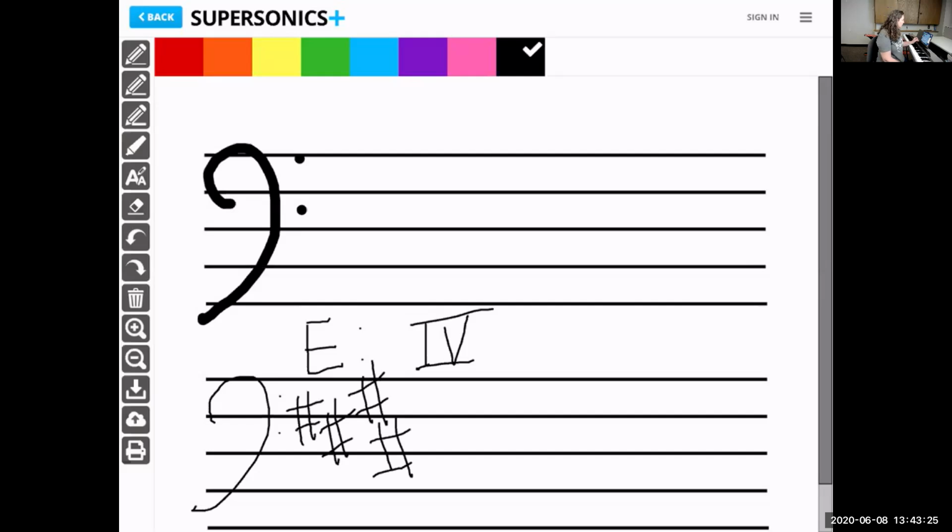So my first note would be an E in the scale. That would be, if I built the chord, that would be an E chord, the 1 chord. My 2 chord would start on the F sharp. My 3 chord would start on the G sharp.